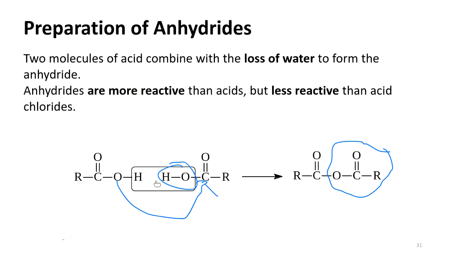We could have water, yes, but even better. We could have a chlorine, right? So the easiest way to make an anhydride is to react an acid and an acid chloride, because chlorine is a better leaving group, and we get our product here.